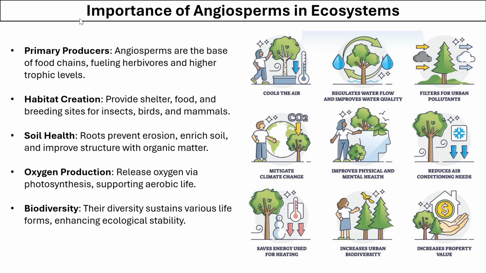Let's have a quick look at the importance of angiosperms in the ecosystem. Angiosperms are the primary producers. They are usually present at the base of a food chain and they are primary source of food for the herbivore animals. They create several kinds of habitats for insects, birds, and mammals. They are also important for the health of soil because they have elaborate root system.